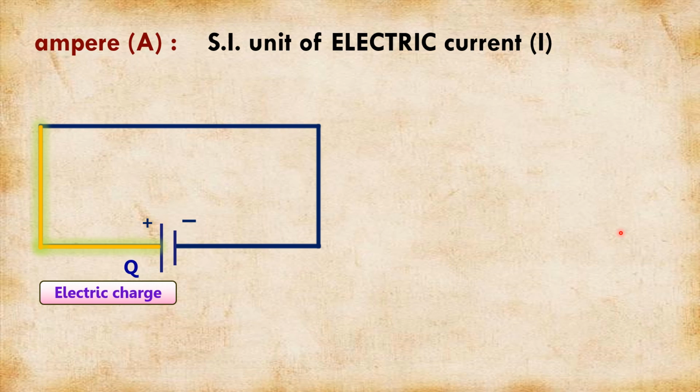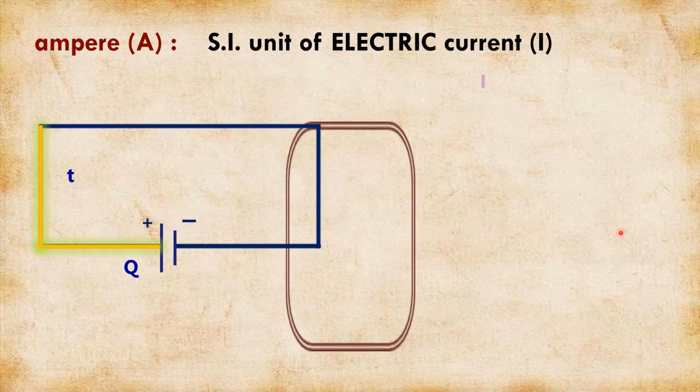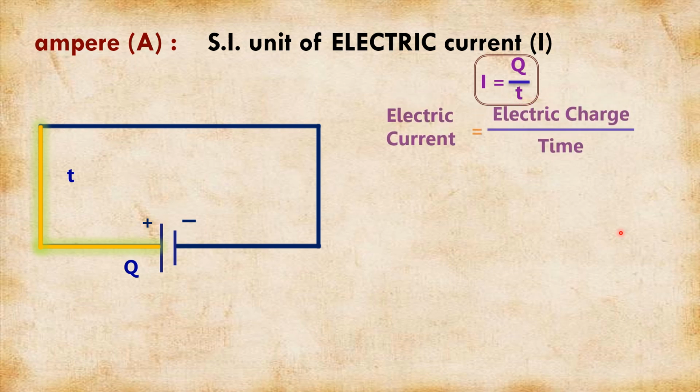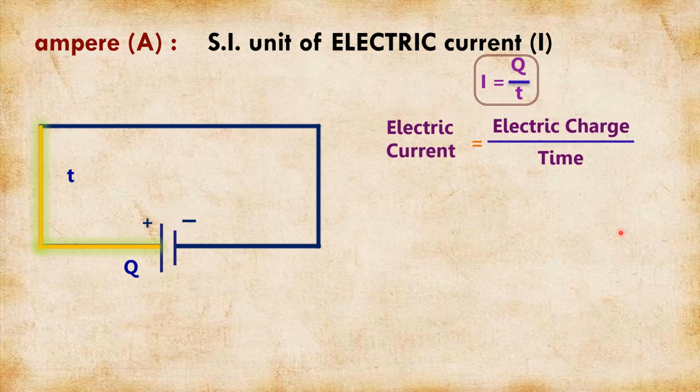So Q amount of electric charge is flowing in time t. So the formula for electric current is I is equal to Q by t, or rate of flow of charge Q in time t. So electric current is equal to electric charge divided by time.